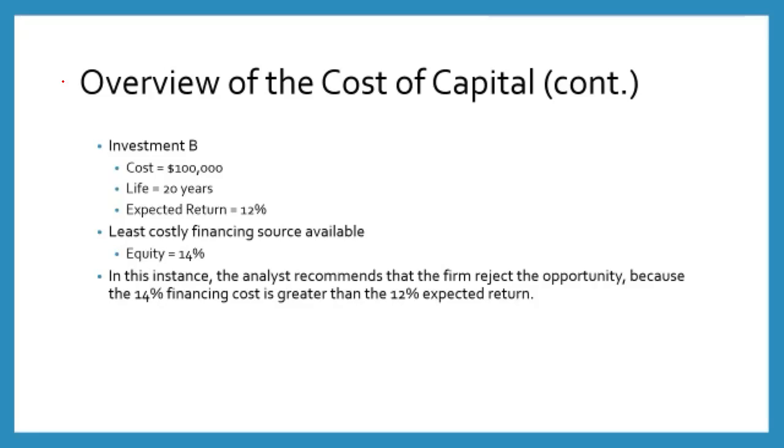In this instance, the analyst recommends that the firm reject the opportunity. Why? Because 14% is more than 12%. The financing cost is greater than the 12% expected return. So you pay more for the equity just to get the investment, but you wouldn't get the returns.